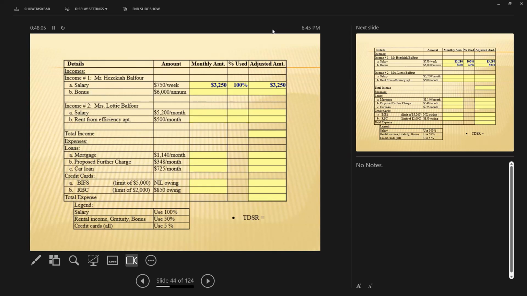How do we deal with that? 6,000 divided by 12, yes. So we get 500, and we use 50% of bonuses, so that's $250. Okay. What about Lottie? Lottie makes $5,200 a month salary income. How do we treat that?